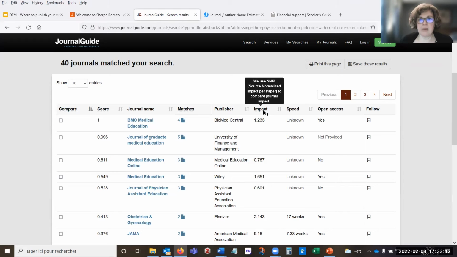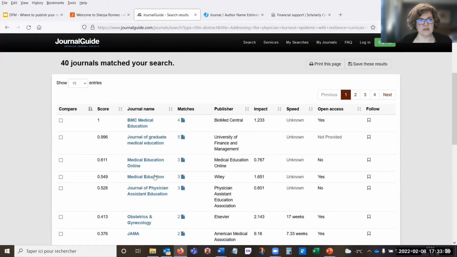Okay, under Impact here, they are using SNP, which is source normalized impact per paper, and this is coming from the database Scopus. So it's another, if you wish, measure for impact, but again it's not the impact factor, the traditional one, it's another one. So that's what this number means.